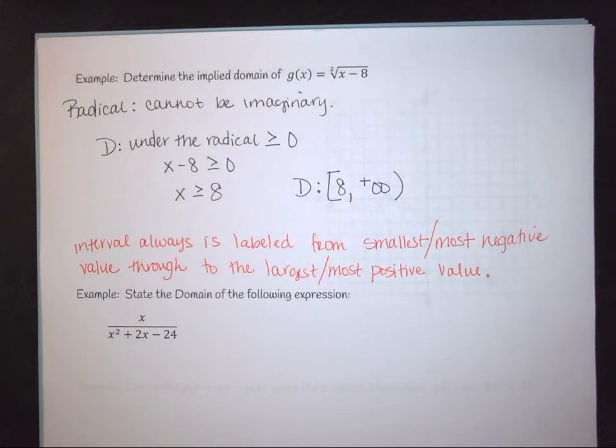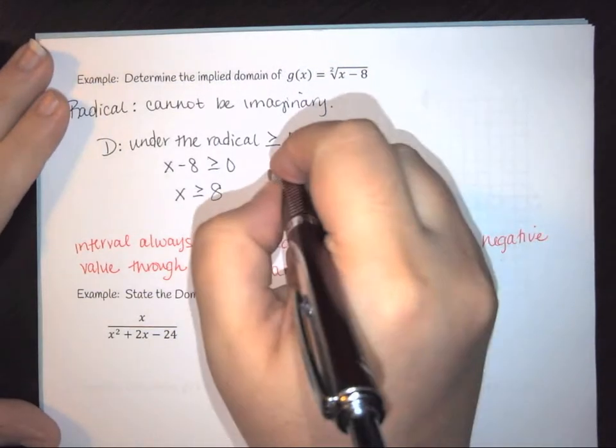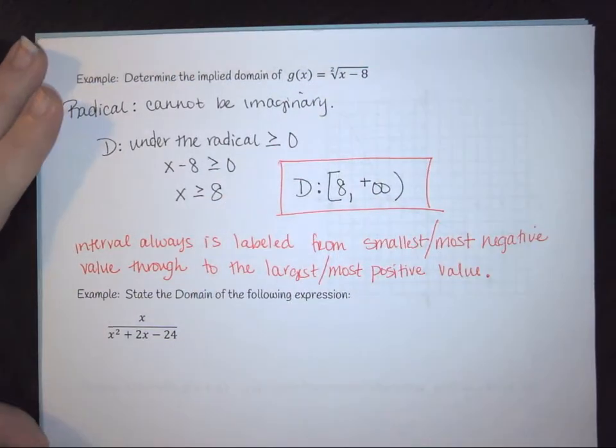And that's how we create our intervals. We go from the tiniest or the most negative all the way up through the largest or your most positive. Okay? So in this problem, this is what we were looking for, your domain.